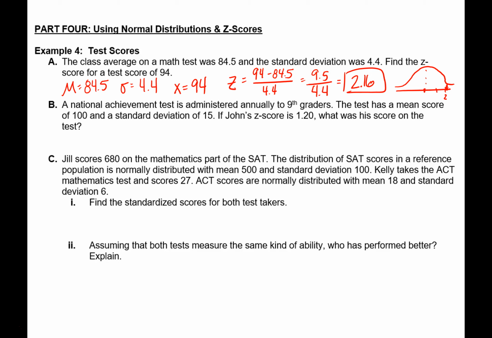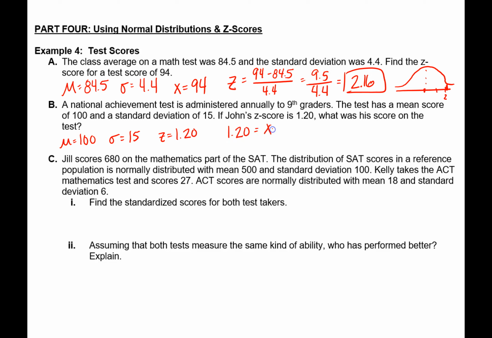A national achievement test is administered annually to 9th graders. The test has a mean score of 100 and a standard deviation of 15. If John's z-score is 1.20, what was his score on the test? So we know that his z-score is 1.2.